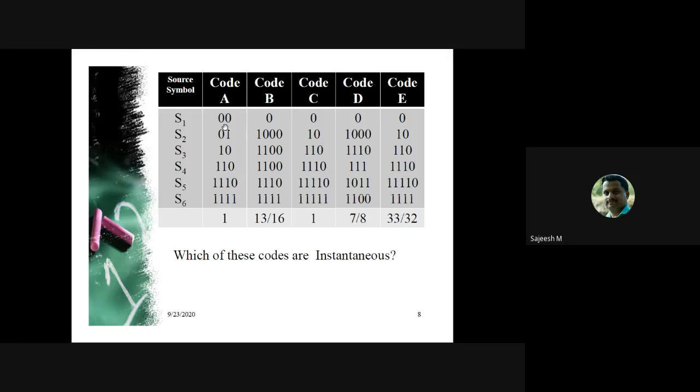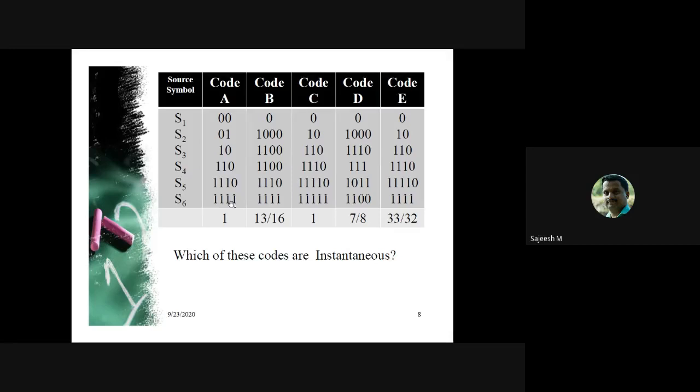Here r is 2, so 2 raised to minus 2, since the first code word length is 2, plus 2 raised to minus 2 for the second, plus 2 raised to minus 3, since the code word length for the fourth symbol is 3, plus 2 raised to minus 4 plus 2 raised to minus 4.